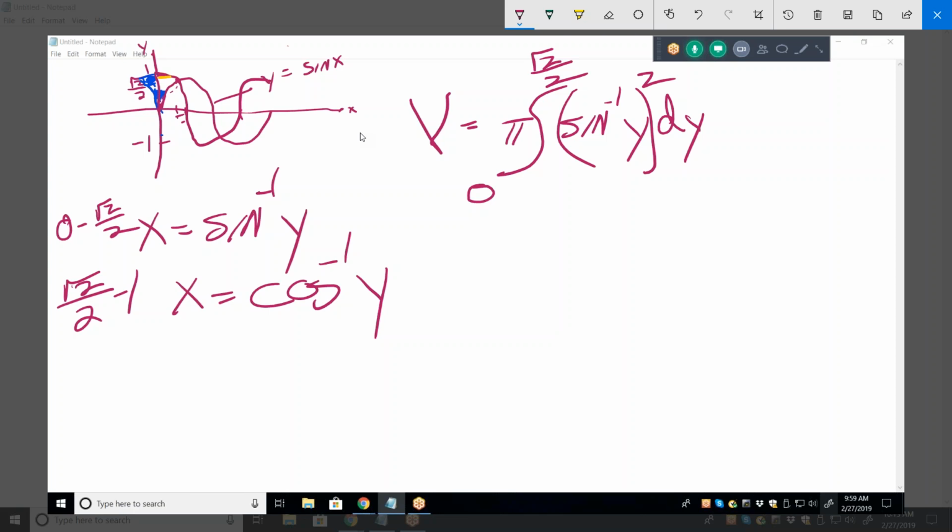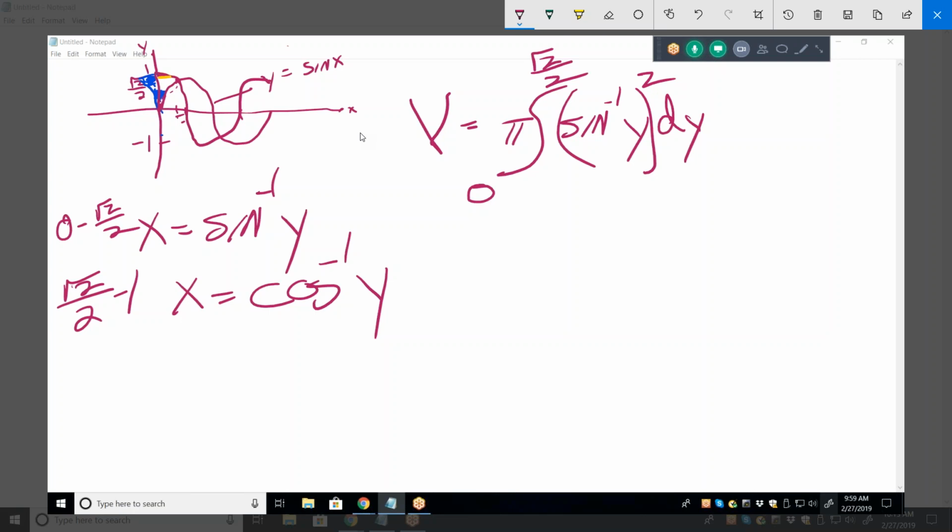So each disk is going to have a volume of pi r squared, and r is x, which is inverse sine of y. All right. I forgot to square it when I did it. It's going to make it marginally more difficult to solve.